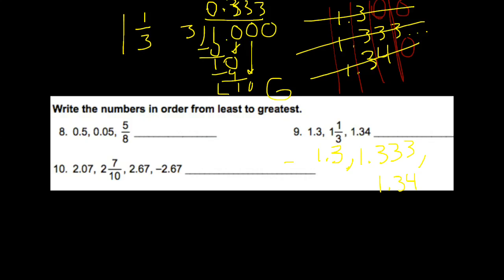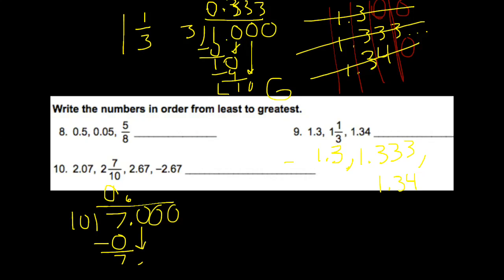Number 10, I'm going to do the same thing. I'm going to place them in order from least to greatest, but I need to change 2 7/10 to a decimal. So you can always divide 7 by 10 if you don't know. 7 divided by 10. Add a decimal above and below the line and 3 zeros. 10 goes into 7 0 times. 10 times 0 is 0, and 7 minus 0 is 7.